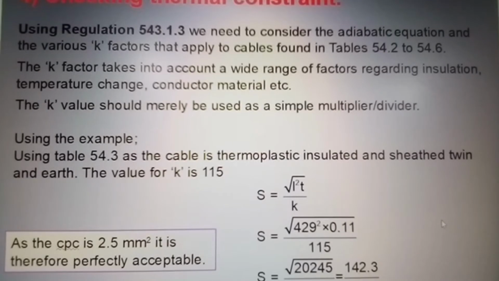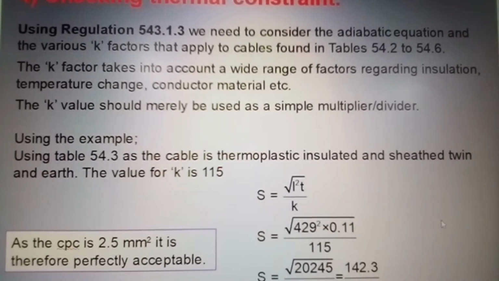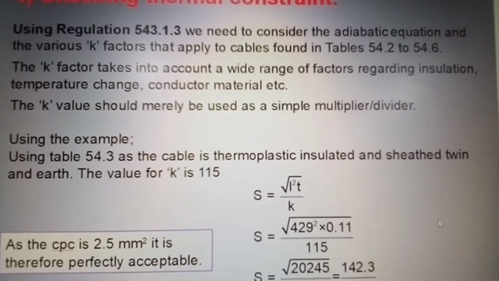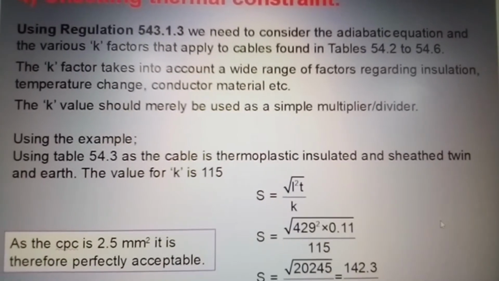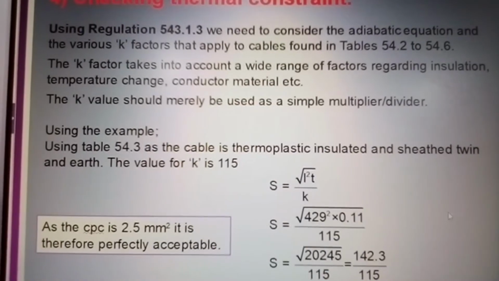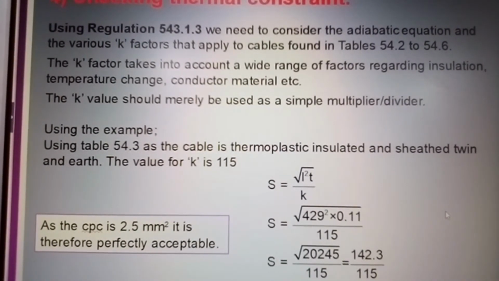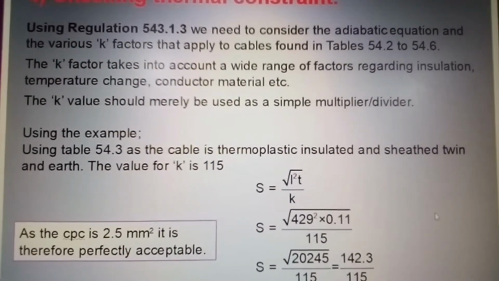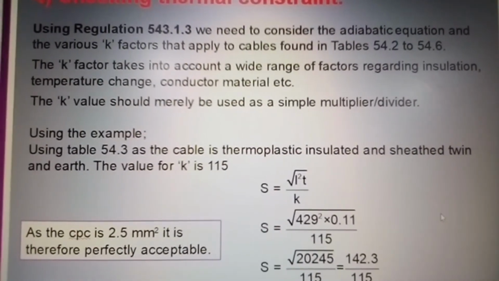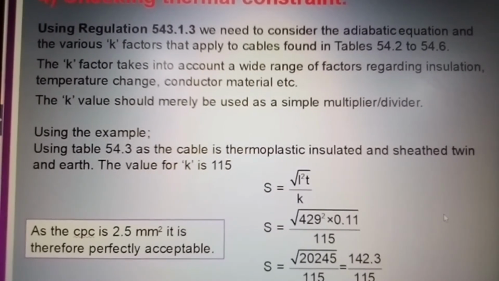Now using regulation 543, we need to consider the adiabatic equation and the various K factors that apply to cables found in tables 54.2 to 54.6. The K factor takes into account a wide range of factors regarding insulation, temperature change, conductor material, etc. The K value should merely be used as a simple multiplier or divider.